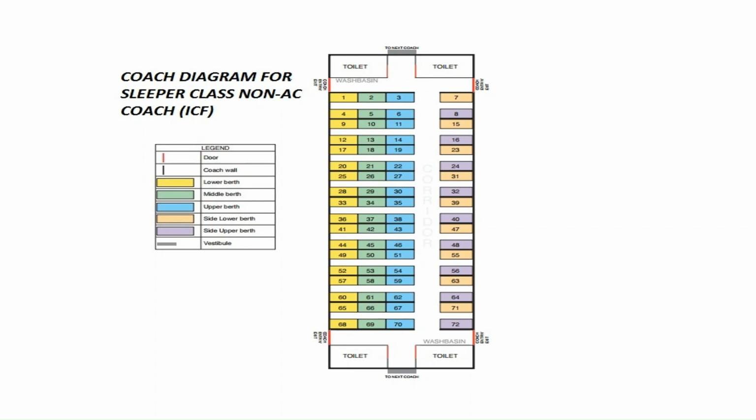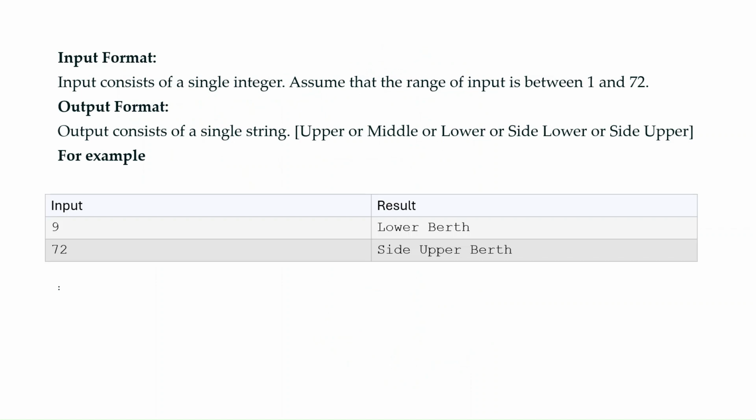So for this problem statement, given a seat number, we have to find the berth belonging to that particular seat number. The input format consists of a single integer, a number between 1 and 72. The output is a simple string that is either upper berth, middle berth, lower berth, side upper, or side lower.